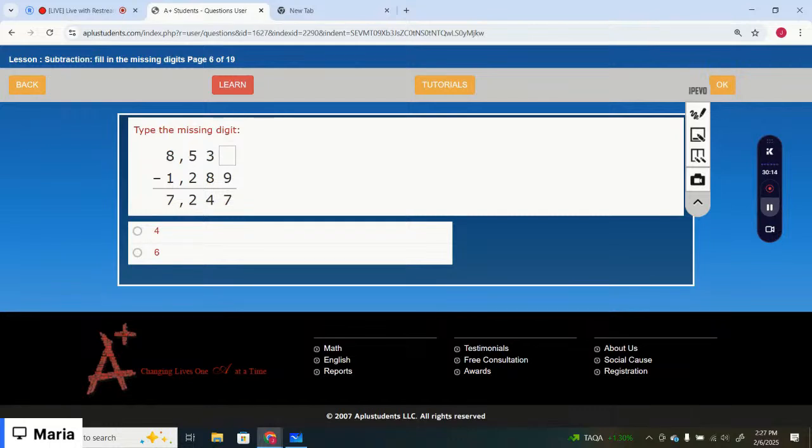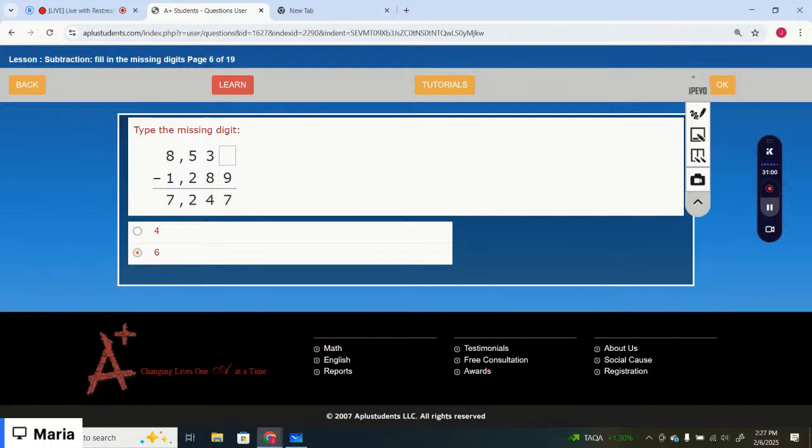Type the missing digit. Missing number is option number 2 because 16 take away 9 is 7.